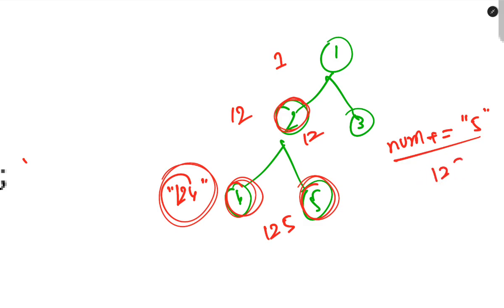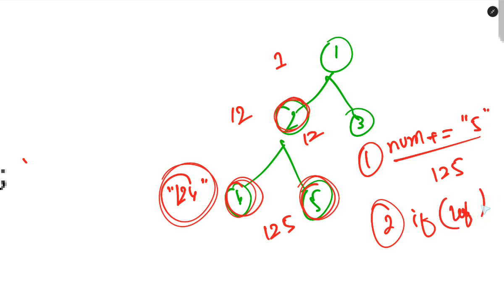So the string becomes 125. The next statement will be to check if it is a leaf. If it is a leaf, I will say okay, convert 125 and add it to our sum. So it becomes 124 plus 125 basically.